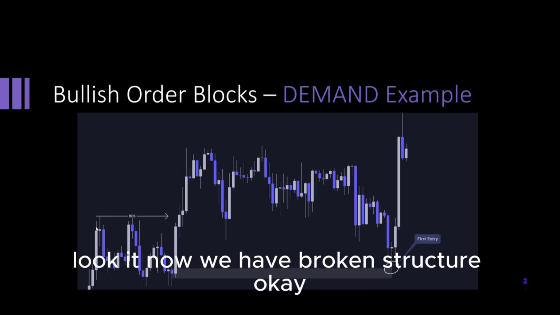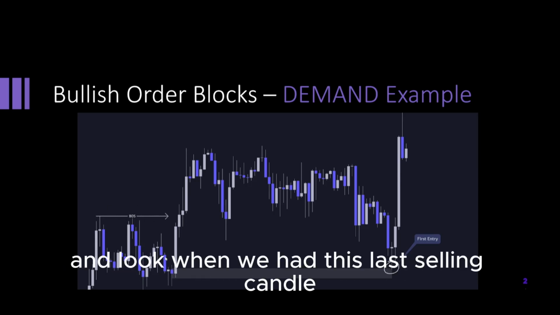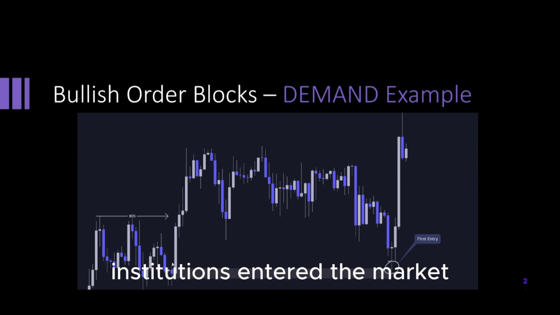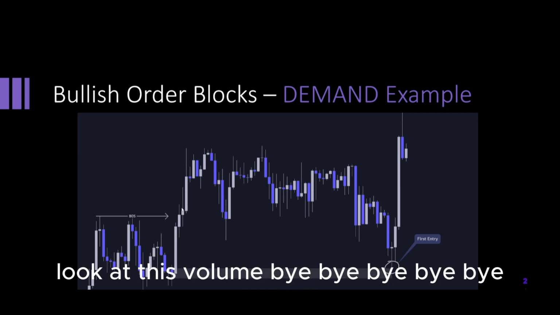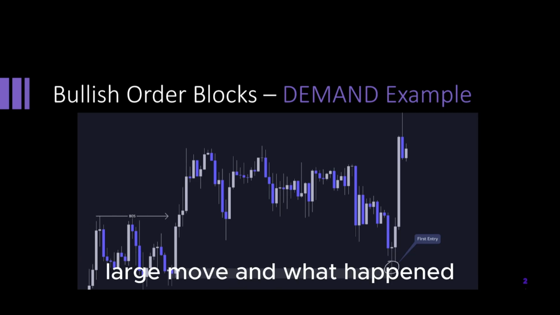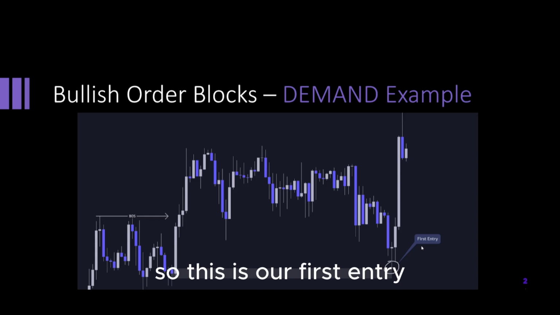So this is a bullish order block example. Look, now we have broken structure. We have a break of structure right here, and when we had this last selling candle, institutions entered the market. Look at this volume, buy, buy, buy. So we broke this structure and had this huge move, and price tapped this demand zone, and boom, this is our first entry.